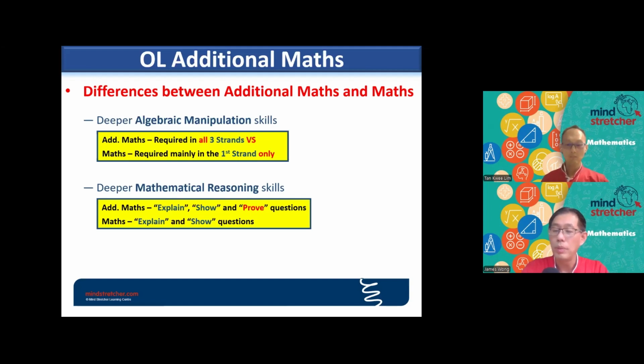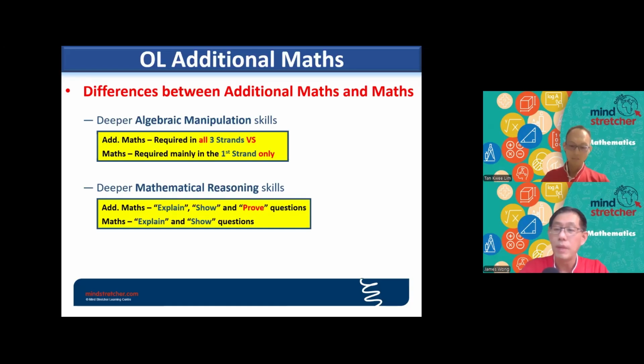All the topics under each of the three categories will have some form of algebra embedded in the topic. So therefore, it will affect almost every topic. Okay, so it's not just deeper skills needed, but it will broadly impact all the various topics that you'll be learning under additional math.